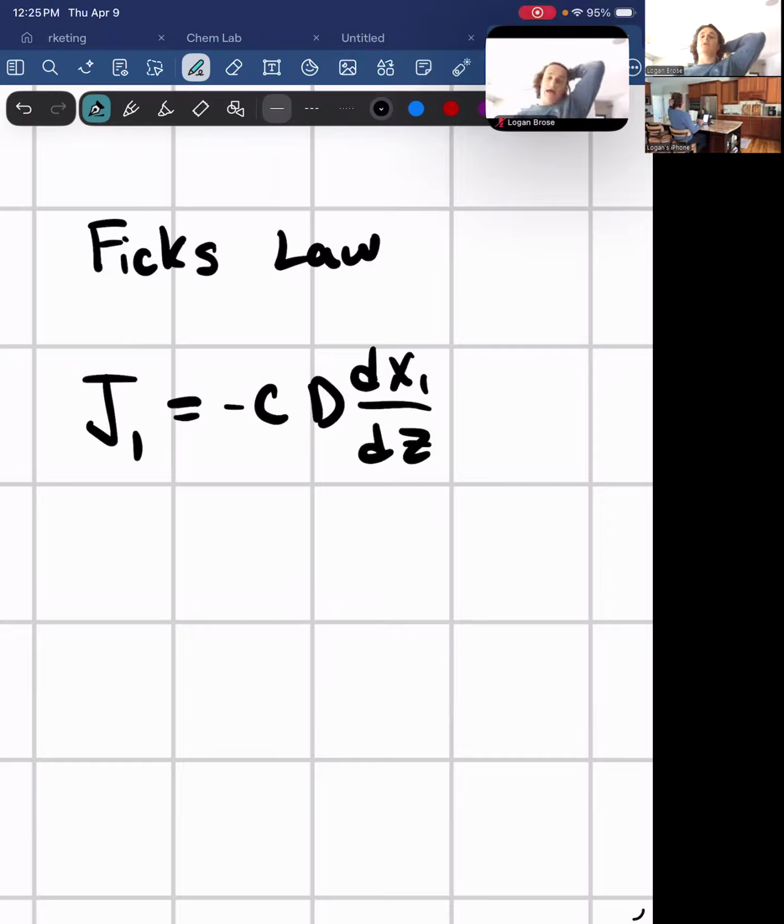So as our concentration changes, our diffusion changes. Now this D is just a fixed number that depends on whether it's a liquid, a gas, a solid, all that.